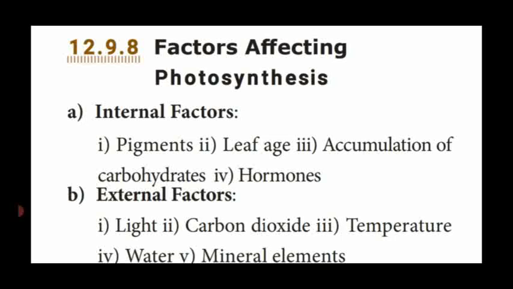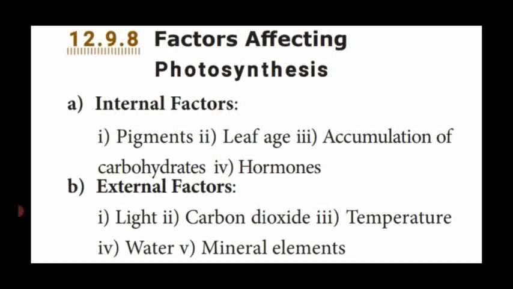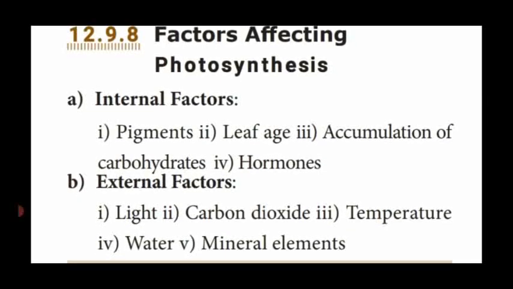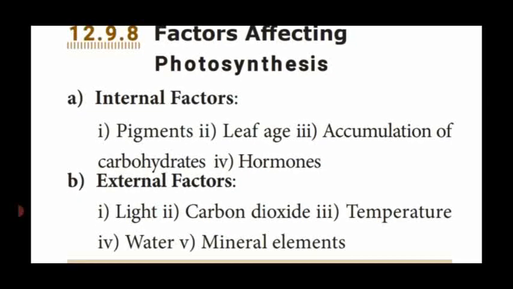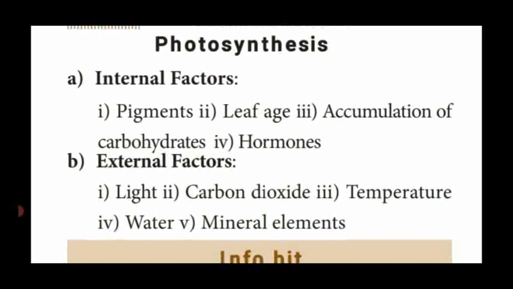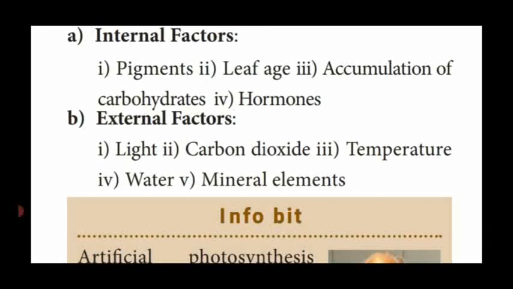So that is the internal factor named leaf age. Then the accumulation of carbohydrates, that is, how much carbohydrate or glucose is stored in the plant parts, is one of the internal factors. Then the hormones. The secretion of hormones inside the plant parts affects the rate of photosynthesis. So these are all the internal factors.